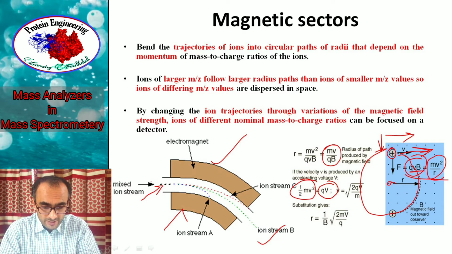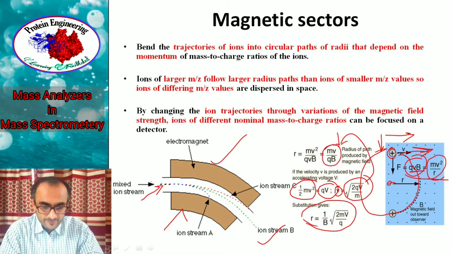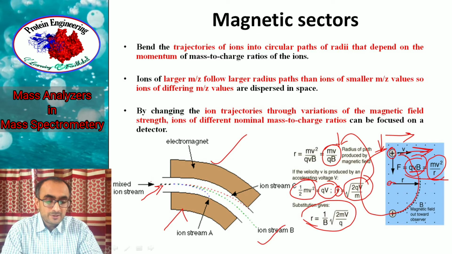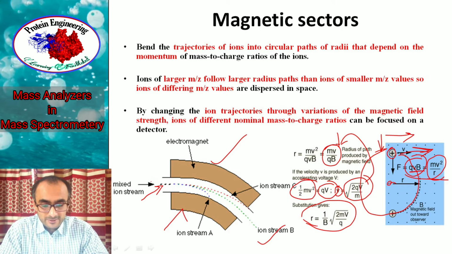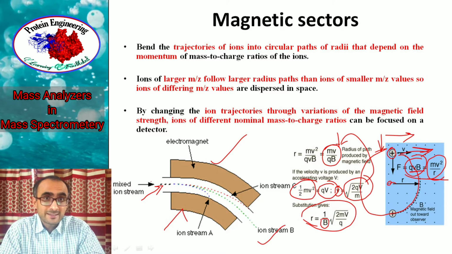From here, the velocity v can be calculated. If you replace this value of v into the radius r, the radius would be equal to 1 upon B into the square root of 2mV upon q. So the radius of the ion's path under the magnetic field is inversely dependent on B, where B is the strength of the magnetic field.